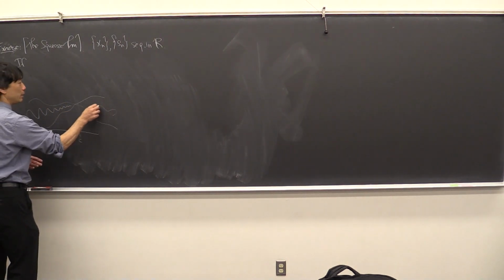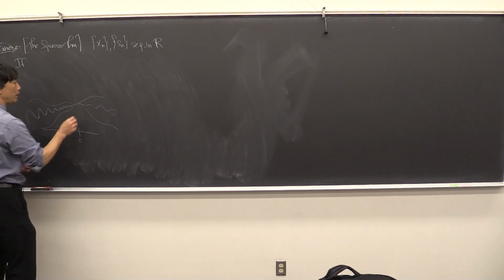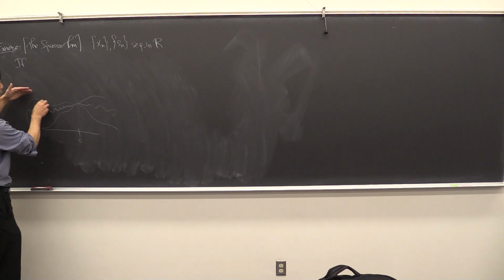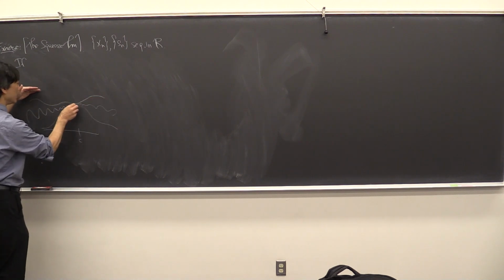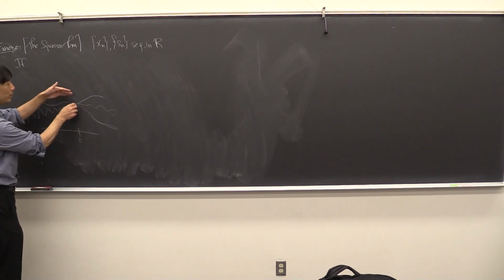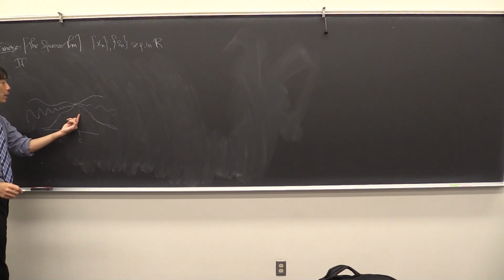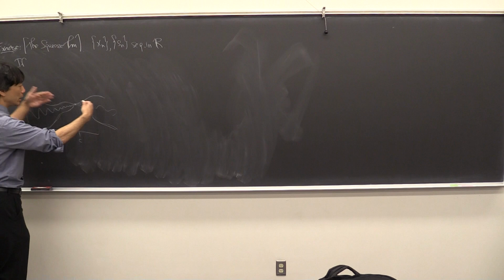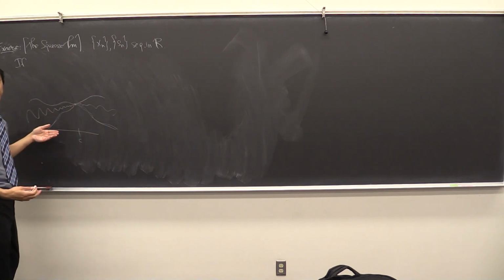Yeah, exactly. So if you have two functions, and one is always bigger than the other, and the two of them have an equal limit at some point, if there's a third function that lies between those guys, then it is also forced to converge to that limit as well.